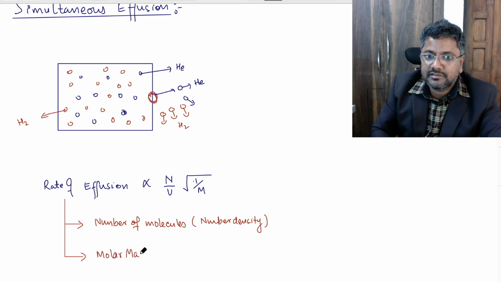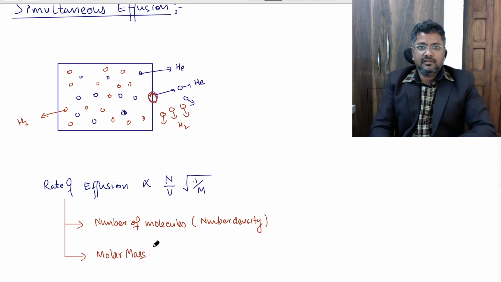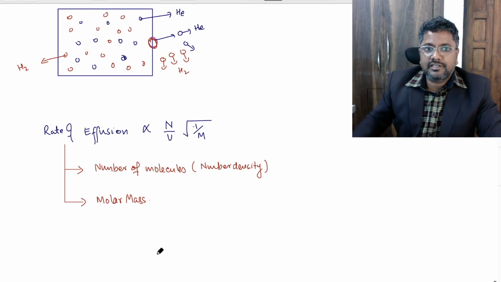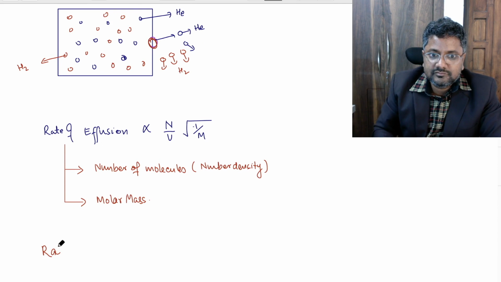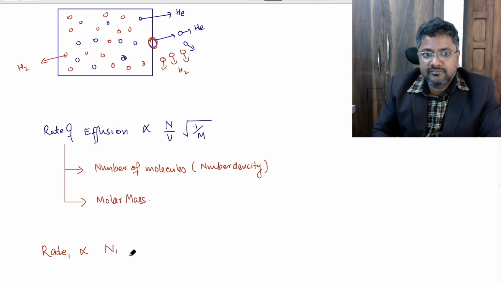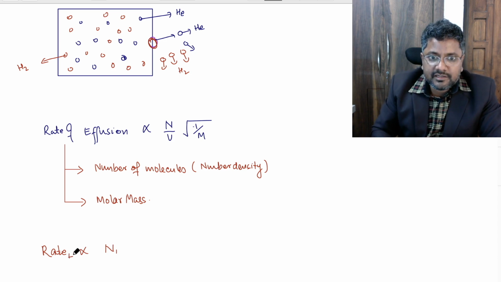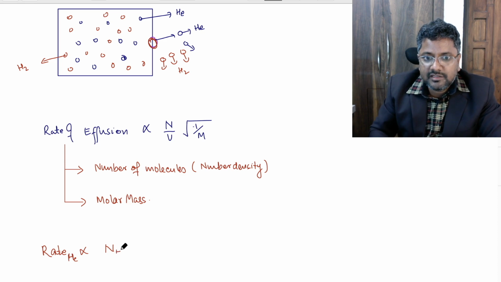So this time, rate is directly proportional to n1. For gas 1, or we can say for helium, the rate of effusion for helium is proportional to the number of molecules of helium and root of 1 by molar mass of helium.